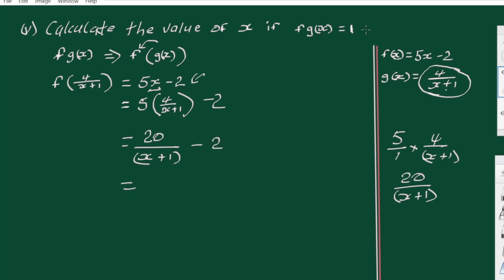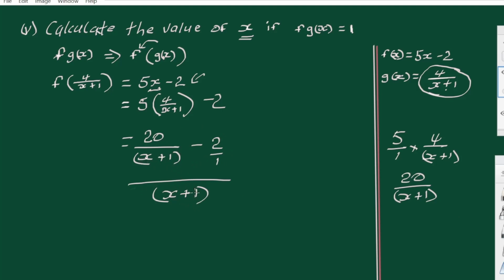So again, before we find what x is, we need to work out f of g of x. And that is what we're doing here right now. In order to simplify this fraction, first find the LCM, and this will be x plus 1.